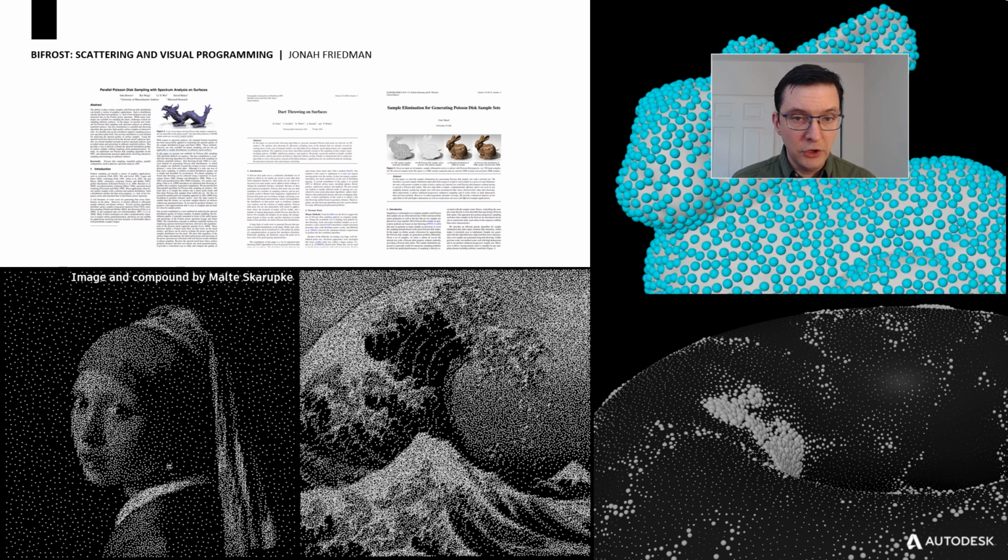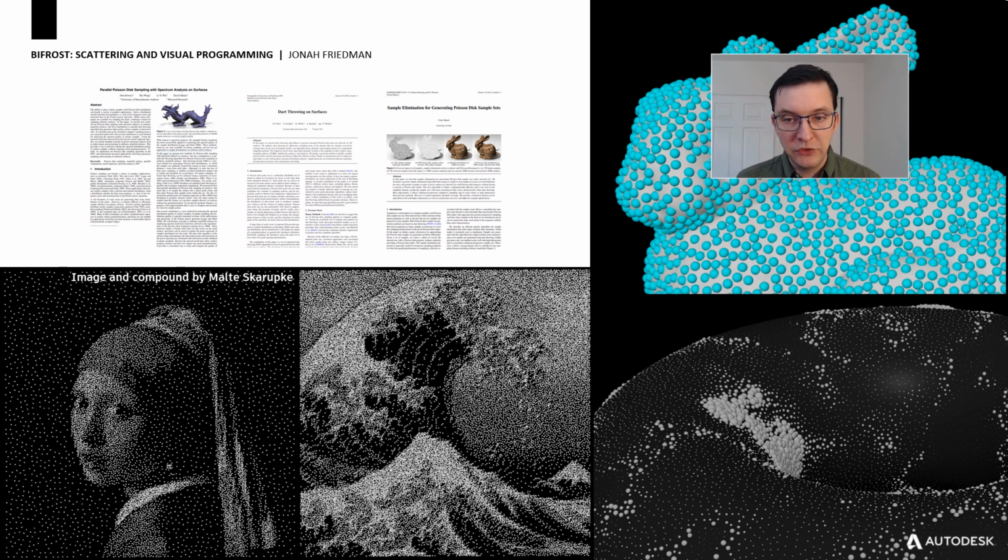So our blue noise node is programmed in the graph and is the combination of these three papers seen up here. That's parallel Poisson disk sampling. That's a way to parallelize the search for colliding points to make it fast. There's dart throwing on surfaces, and that's a way of continually subdividing a mesh into triangles and keep subdividing them and removing them in order to iteratively find every spot where you could possibly pack a point in.